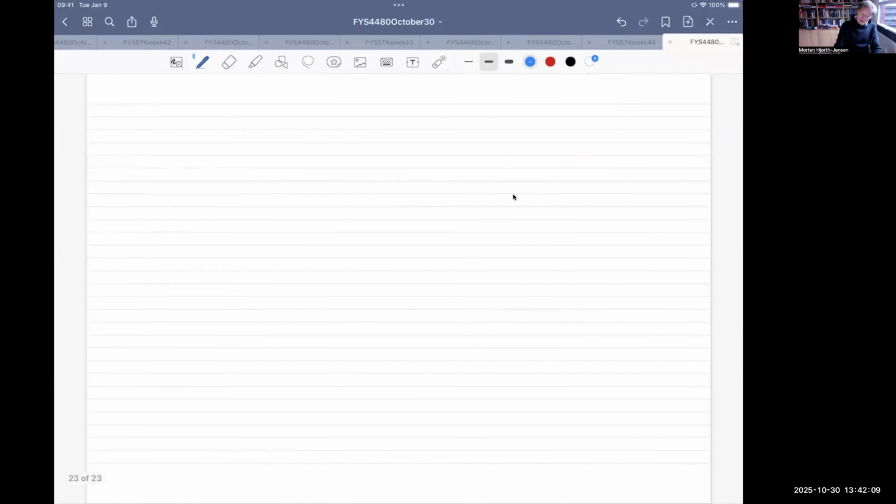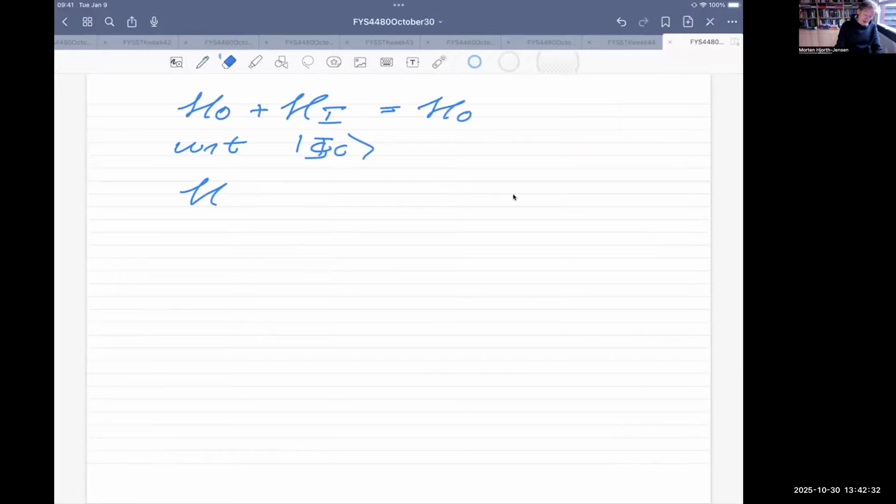What we did earlier in the semester was to take H0 plus H of I, which is equal to a Hamiltonian. We rewrote that with respect to a new vacuum state, with respect to phi 0. What we got then was that H, sorry, this should not be H0, this is the full Hamiltonian.